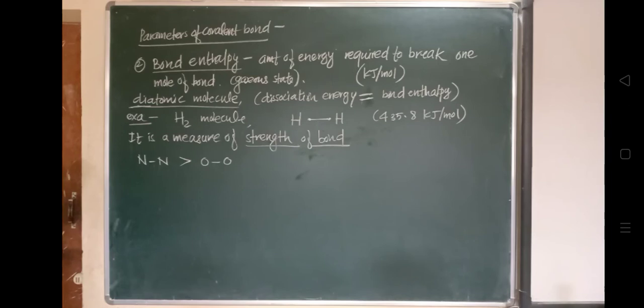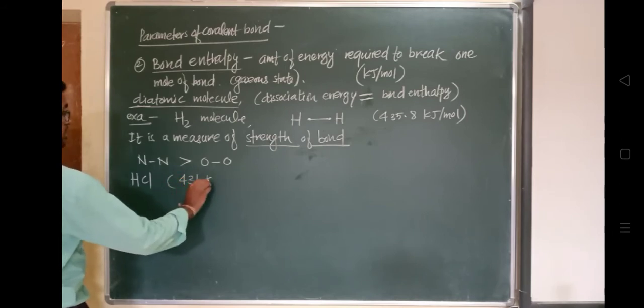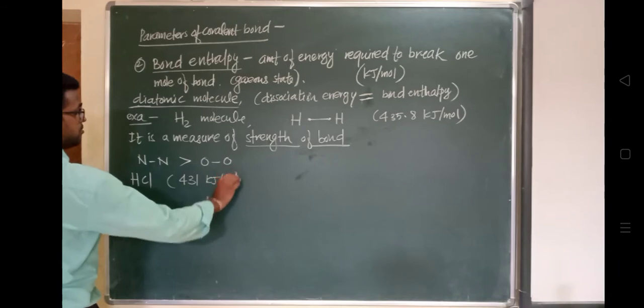In case of a polyatomic molecule, the bond enthalpy and bond dissociation energy are not identical. This parameter is very essential. In a diatomic molecule, dissociation energy and bond enthalpy are the same, for example the H2 molecule. This is a diatomic molecule, not a polyatomic molecule.